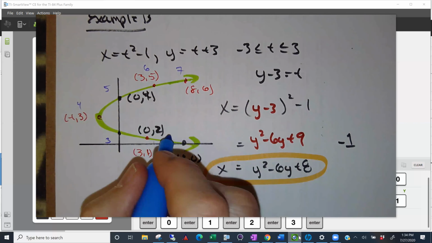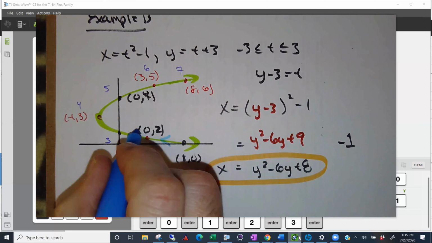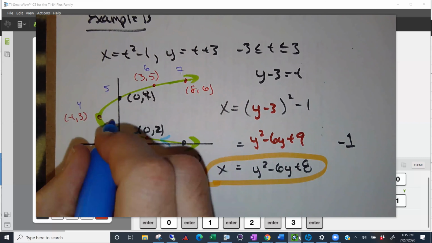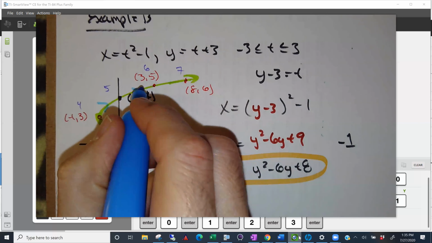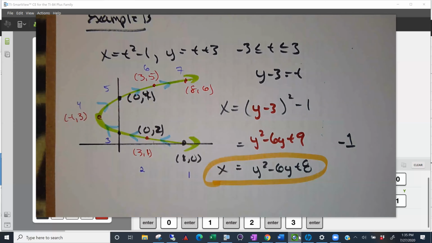So on your exam, what I want to see are some arrows like this, indicating the direction that the curve is oriented in. Now, different parameterization could give you the same equation, but it could have a different orientation to the curve. So orientation is one of the features of a graph that I'd like you to be able to show to me.